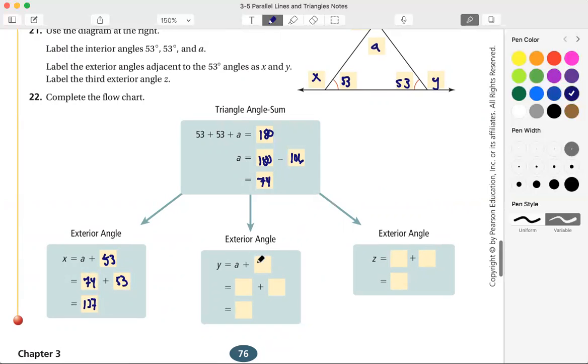Y is also A plus 53, which gives me 127. And Z is going to be 53 plus 53, which is 106.